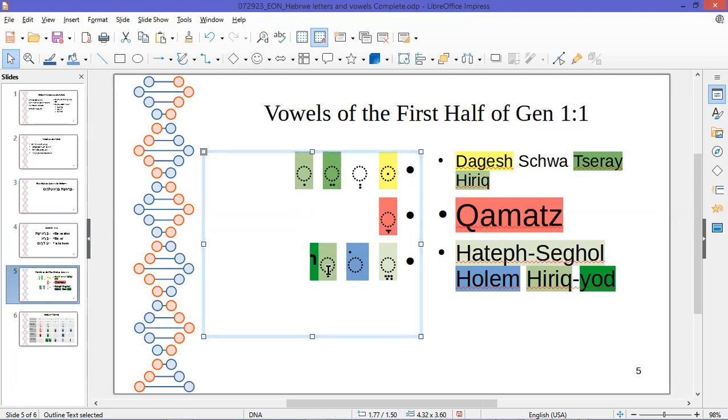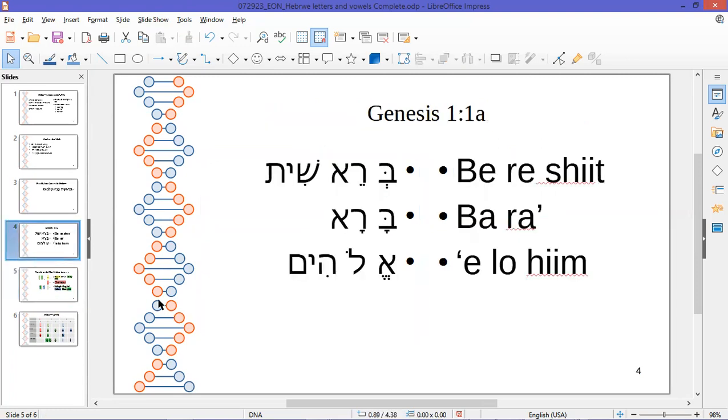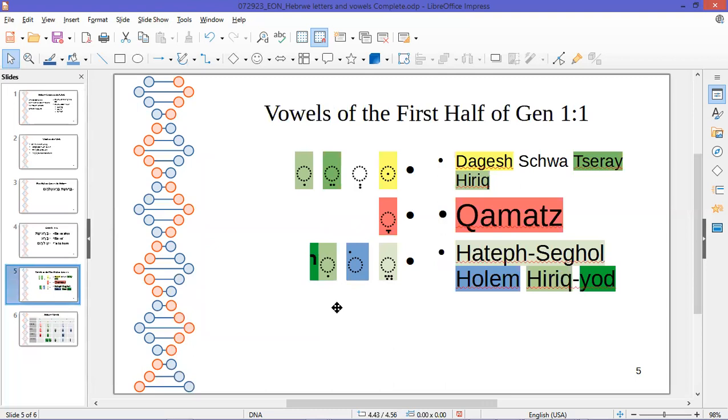But when it is coupled with the yod, which I have no idea why I didn't put that there, because this hirik yod is the same as this hirik yod up here. Oh, I know why I didn't do that.